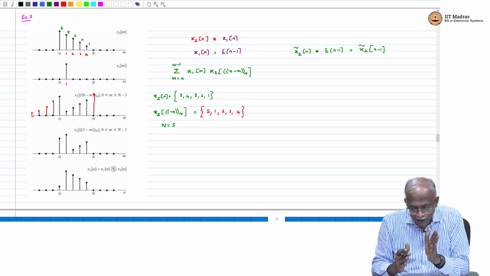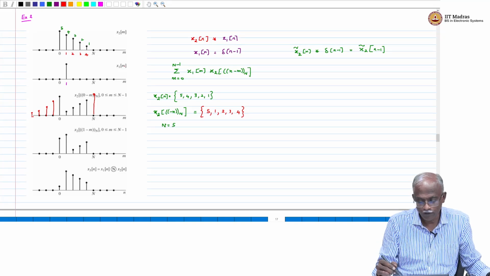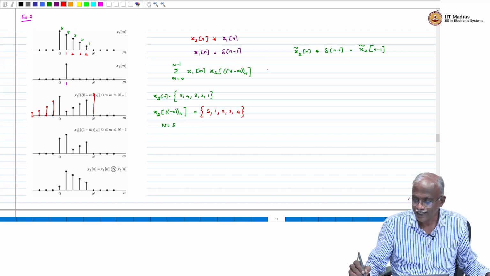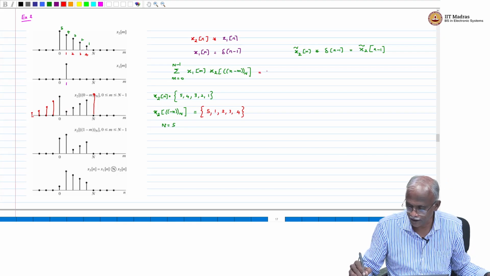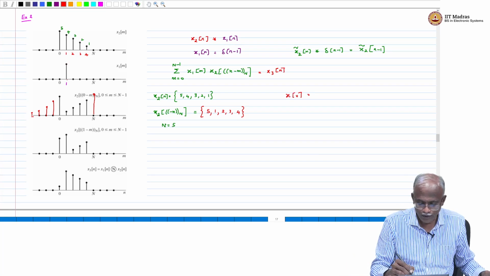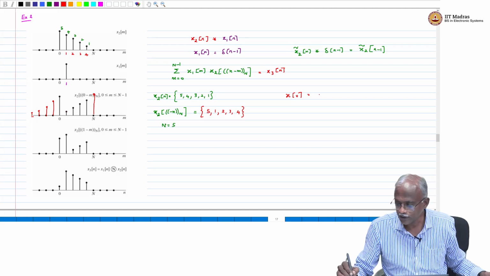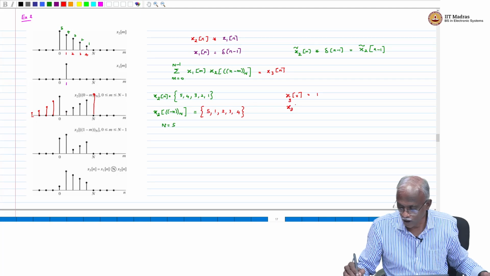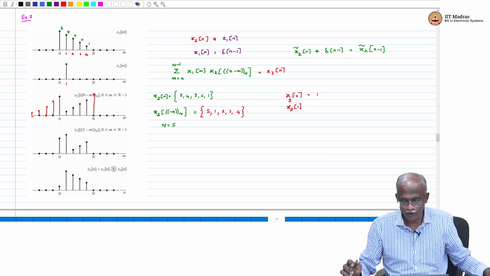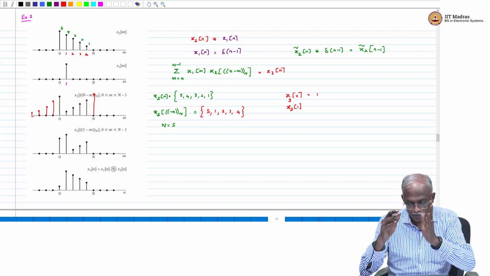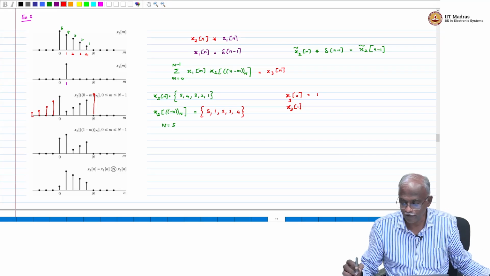Then you multiply the two together, x1 of m, and so what is the output? The output when you convolve for this expression, let's call it x3 of n. So x3 of 0, you have a sample at n equal to 1 with a value equal to 1, so x3 of 0 is equal to 1. x3 of 1, that means you have to shift to the right and get the corresponding value.